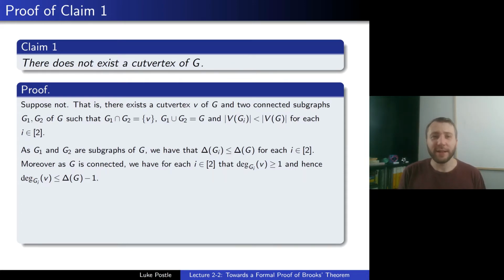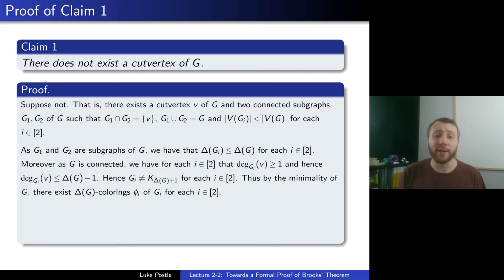So if G is connected, then the cut vertex has to have a neighbor in both subgraphs G1 and G2, but that means that in both subgraphs it has degree at most delta of G minus 1. And that implies that Gi is not equal to K_{delta(G)+1}, since that has every vertex having degree delta.